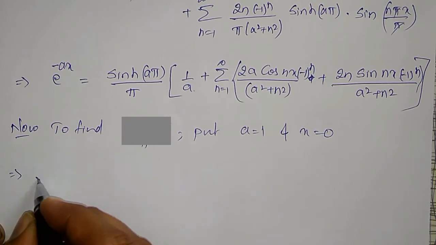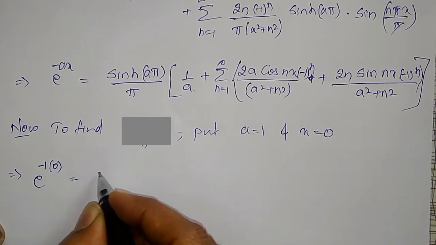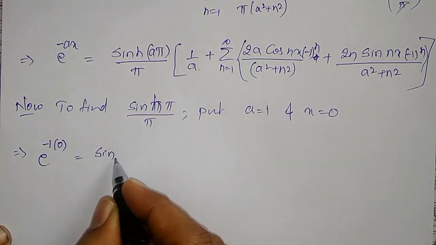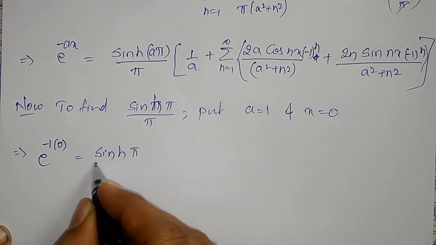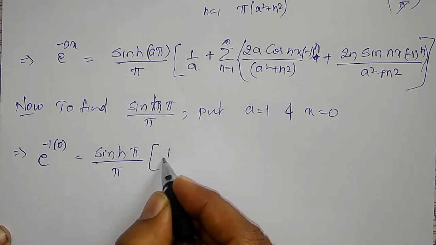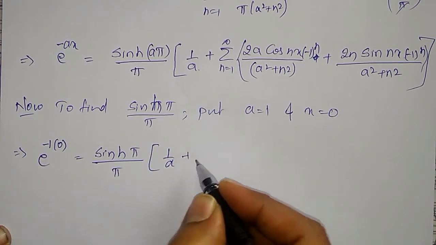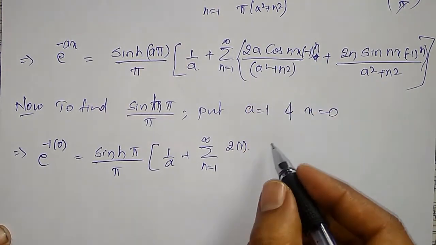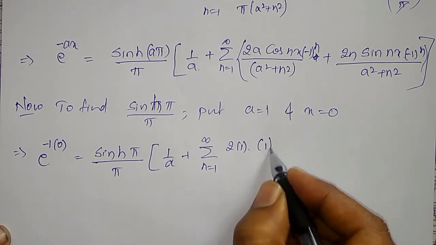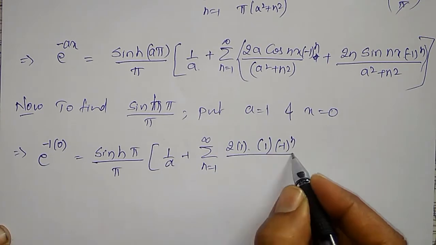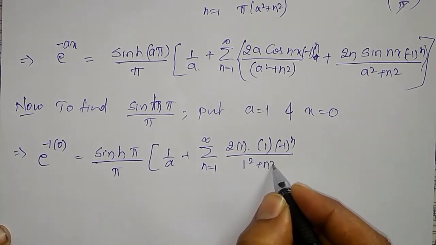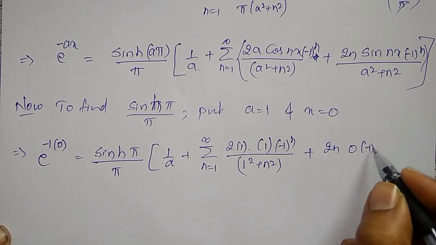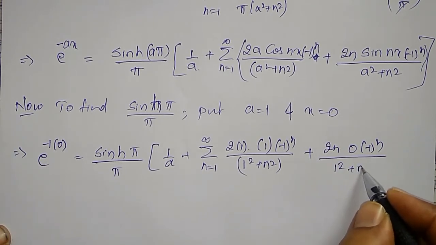That becomes e to the power minus 1 into 0 equal to sine hyperbolic pi into 1 divided by pi into 1 by a plus summation n equal to 1 to infinity 2 into 1, a equal to 1 and cos 0 is 1, into (-1)^n divided by 1 square plus n square, plus 2n into sine 0, which is 0, into (-1)^n divided by 1 square plus n square.